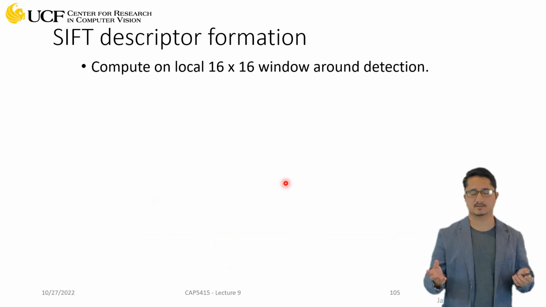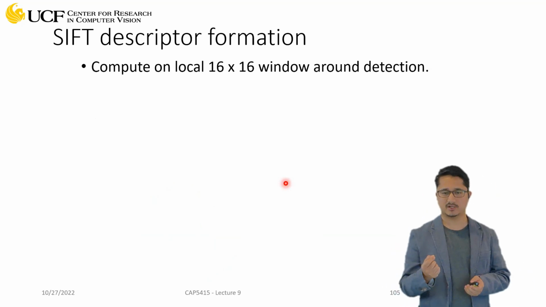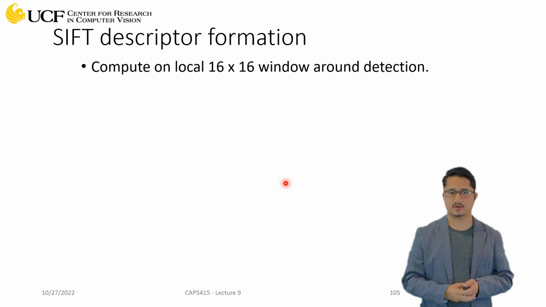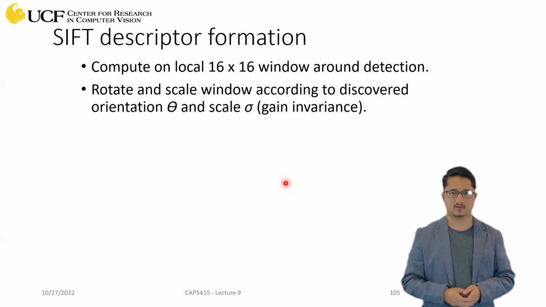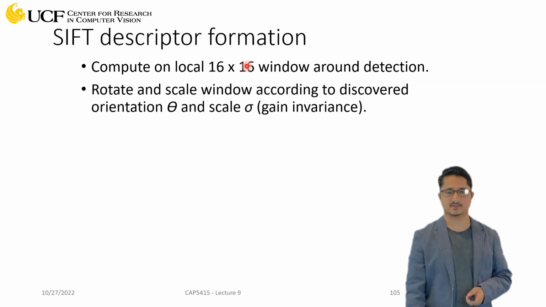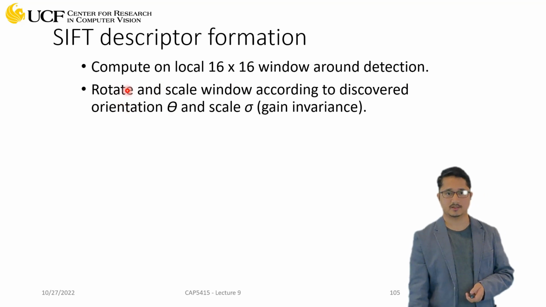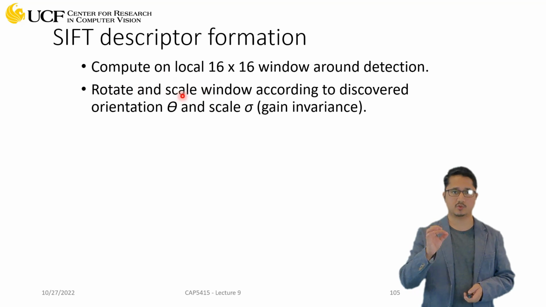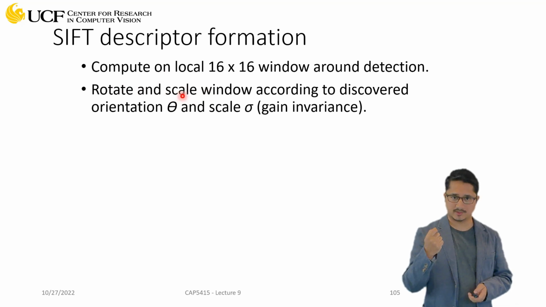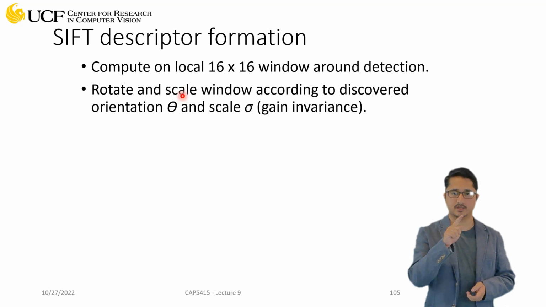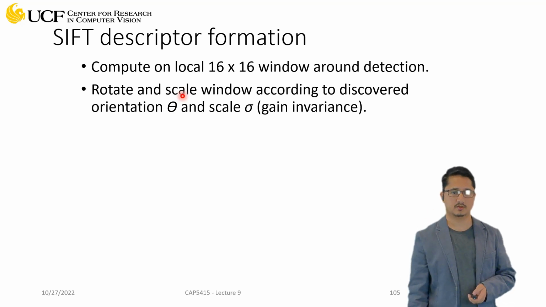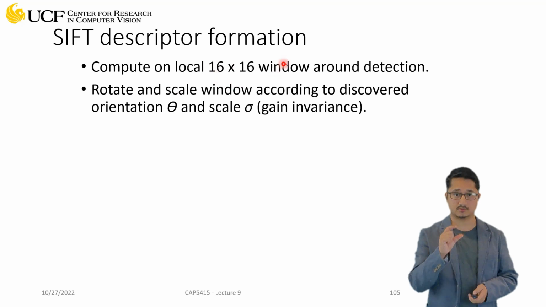And once you have normalized, then it's the same HOG-based algorithm where you try to compute local features in this window around the detection. So you have the 16 cross 16 window, which is 16 pixels by 16 pixels. And then you rotate, so you normalize. And the other factor is scale, right? Different keypoints will have different scale. So you will take that into account and crop this 16 cross 16 window based on that scale.